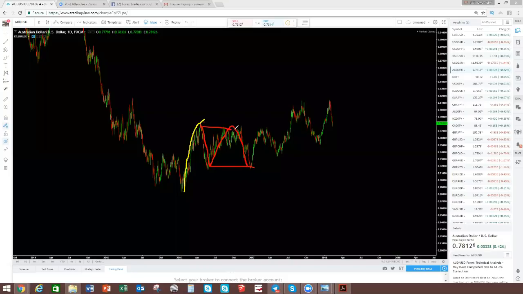Now remember, these corrections are correcting only this impulse. 1, 2, 3. And then you get this move to the downside. Oh, not like that, this one here. And this red one is giving you a running flat before you get this move.